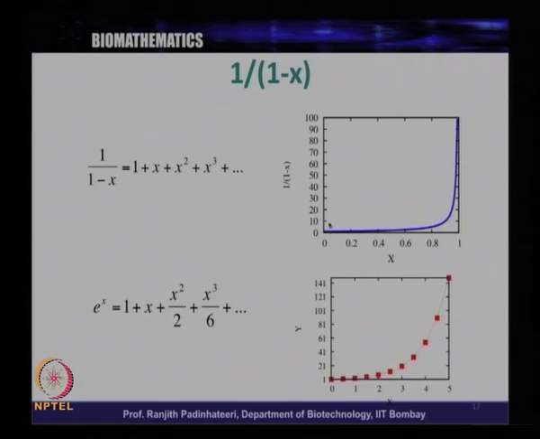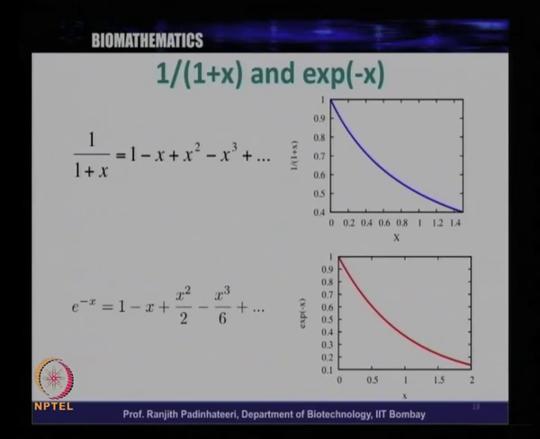Both of them are increasing with x very fast. Similarly, you could also think of a function which is 1 minus x plus x square minus x cube and so on and so forth. This function is called 1 by 1 plus x. This looks very much like e power minus x.